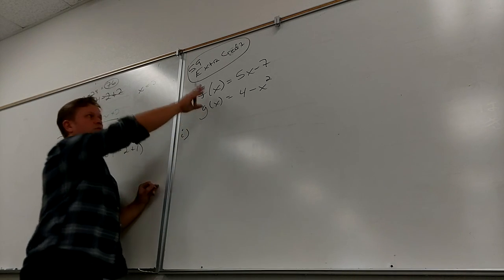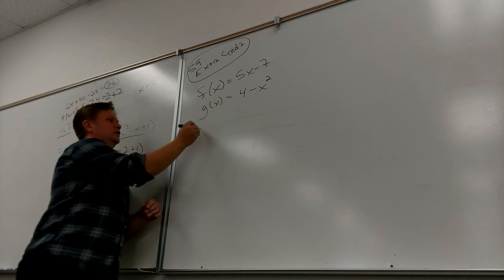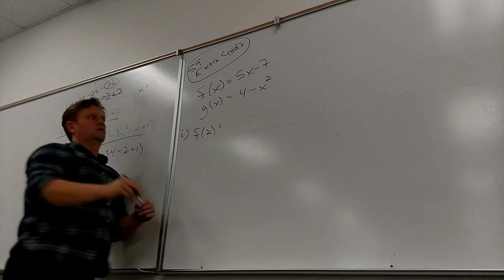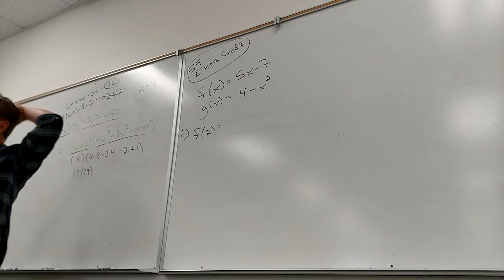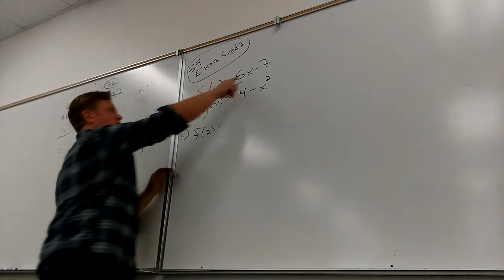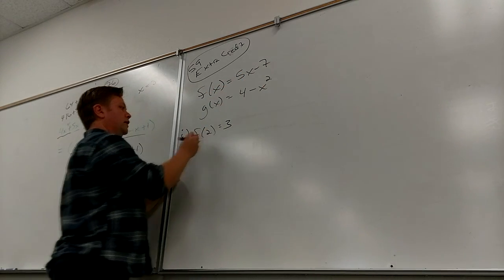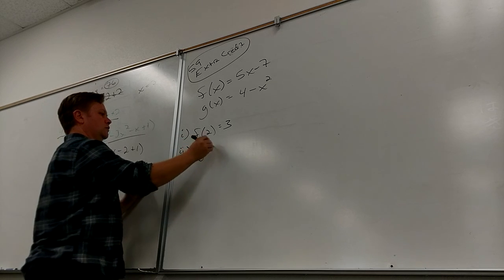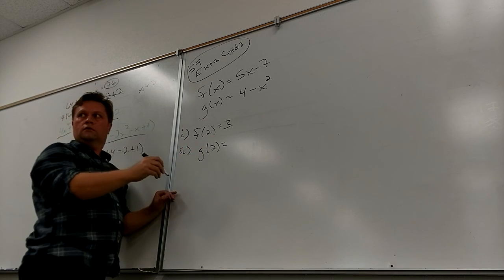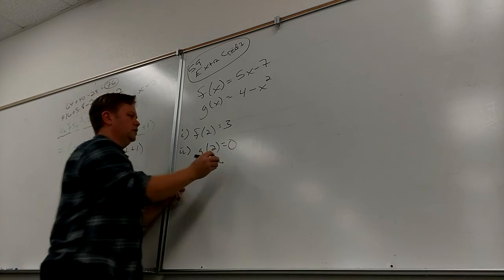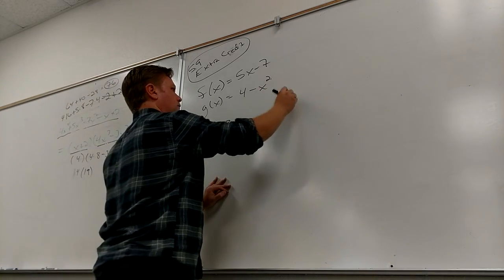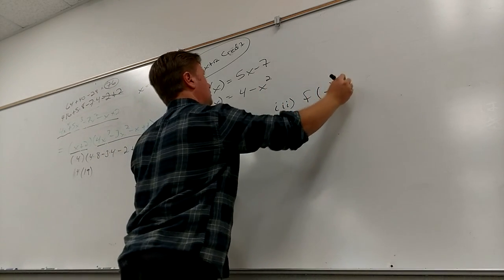Just remind me real quick. What is f of 2? 3. Yeah, it'd be 5 times 2, 10, minus 7 is 3. I like it. What is g of 2? 0. All right. So what is f of negative 1?